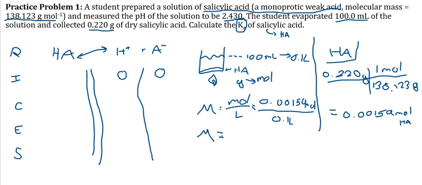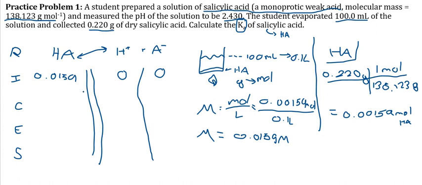My molarity is equal to 0.0159 molar. Okay, now I have the necessary information to complete my RICE table. So I get my initial concentration is 0.0159.